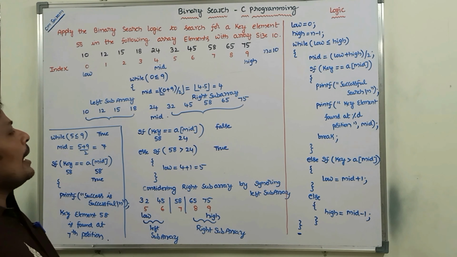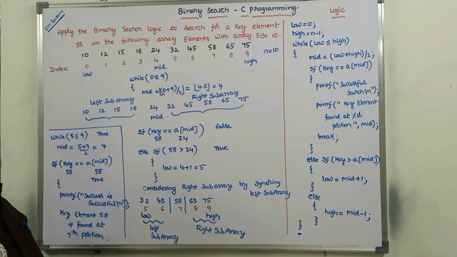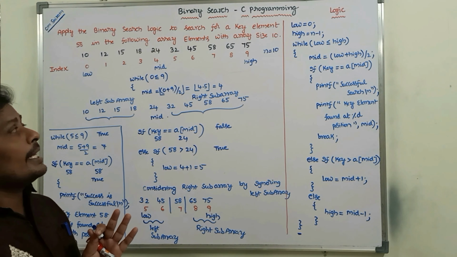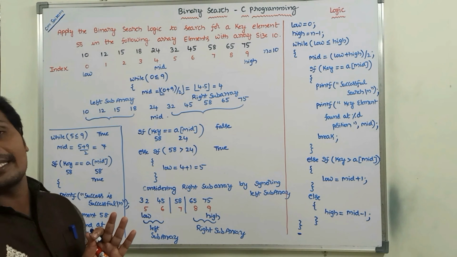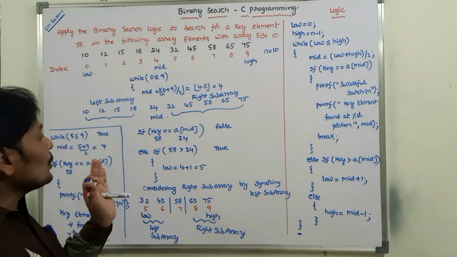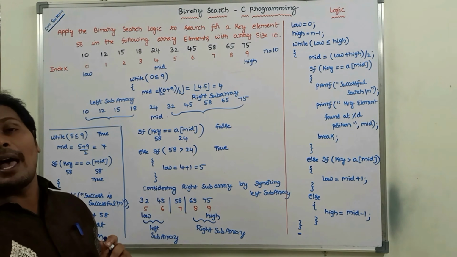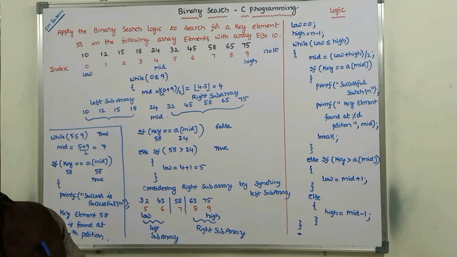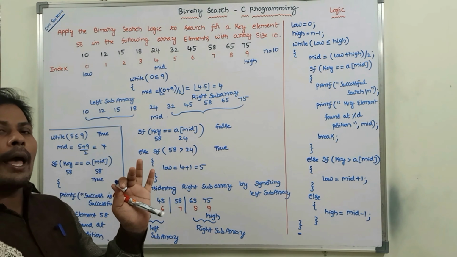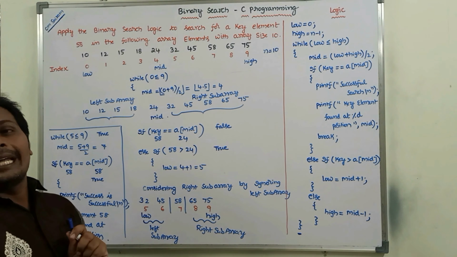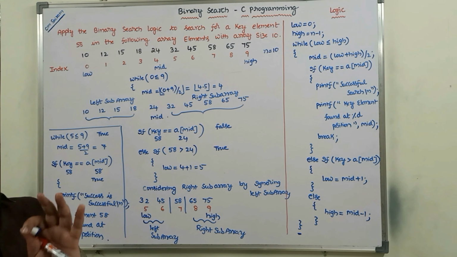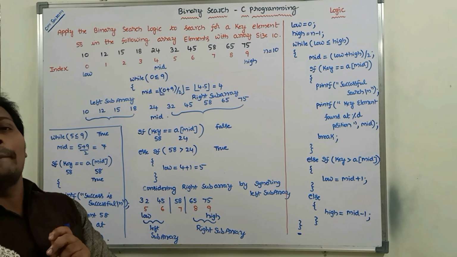Here the binary search is efficient because we are ignoring the half sub array by considering the other half sub array. At a time, half of the sub array is ignored and half is considered after calculating the mid value.